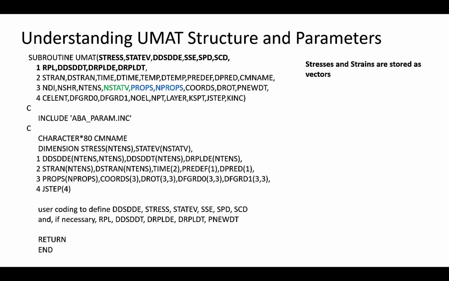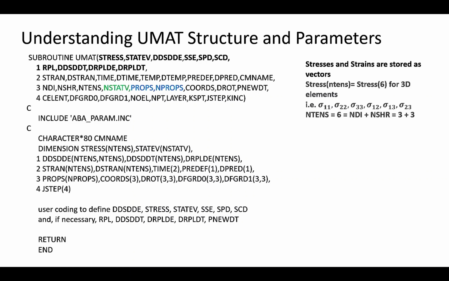If you are defining the model, you need to make sure that you understand how Abaqus stores stress and strain tensors, because if you remember from our previous parts in this course, the stress tensor can be a 3 by 3 matrix. So it's a second order tensor. This means it will have 9 components. Similarly, strain will also have 9 components, but Abaqus uses a symmetric definition, which means the off diagonal terms, which are the shear stress values, are the same.